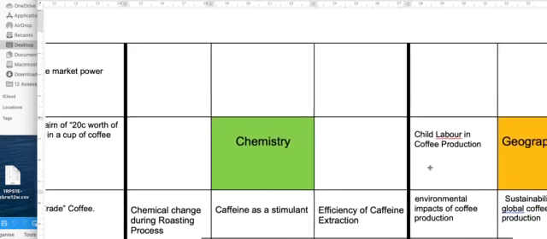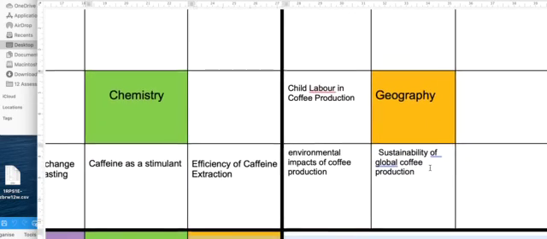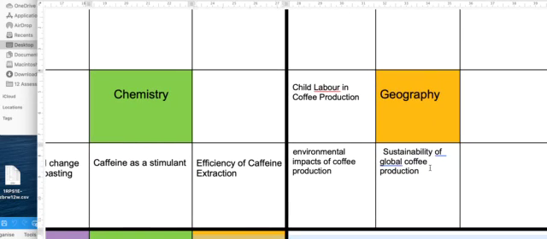All of these subject headings give us an opportunity to explore the ideas around our subject area. So what we're looking for when we undertake a research project is that richness of understanding of our topic.